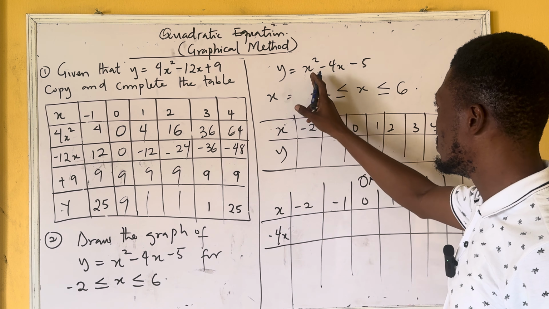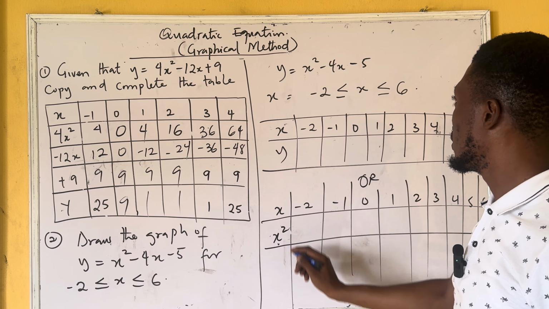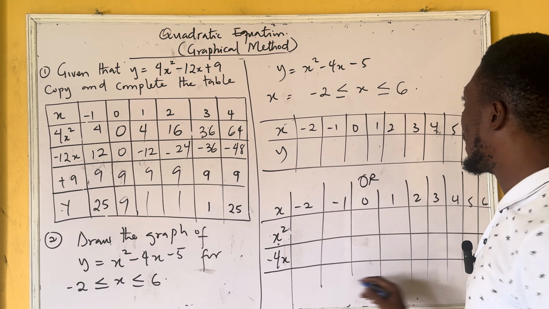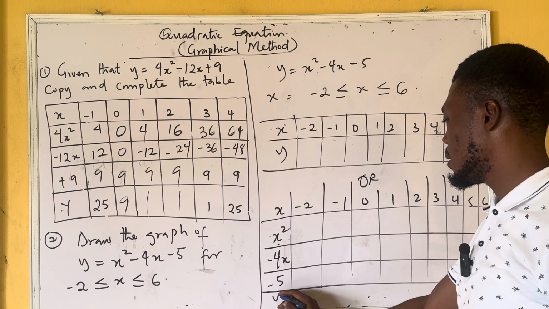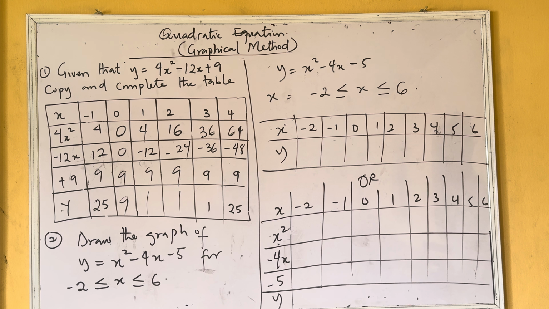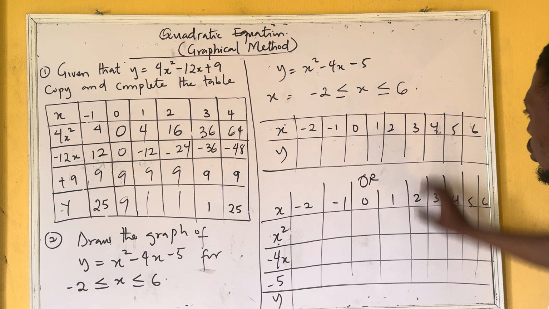No, let me start with x squared here. The next one is minus 4x. I can break it down, and I can have here minus 5, and I have y. That's the way you can break this down. So use any method that you feel is okay for you, either you break it down into this, or you use this method.